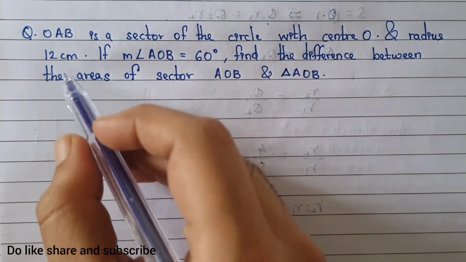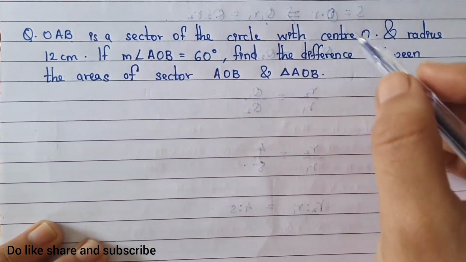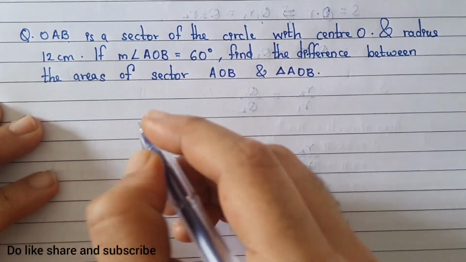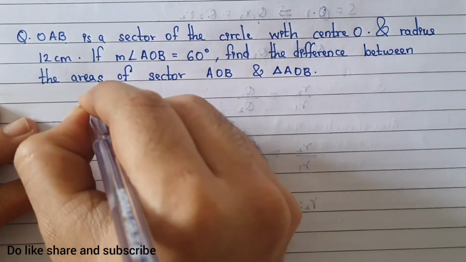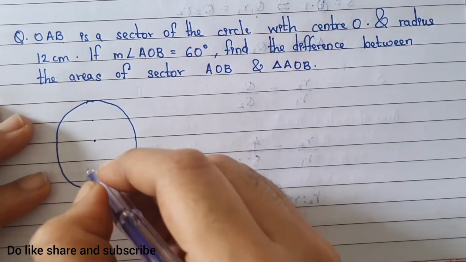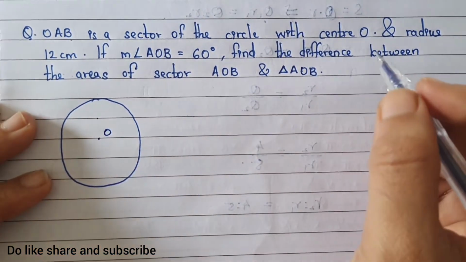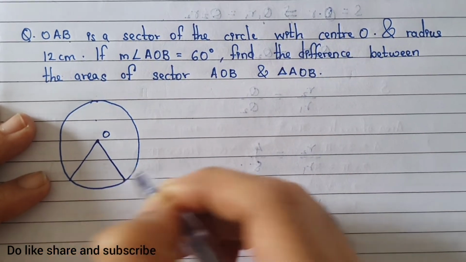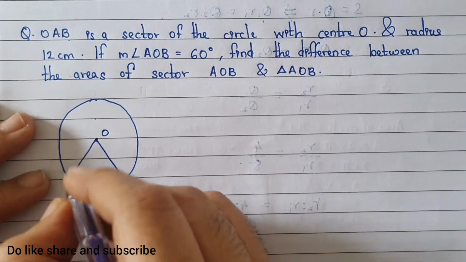So let's start with another question, that is: OAB is a sector of a circle with center O. Let me draw the figure simultaneously. So we have the center of a circle, namely O. Assume this as a circle. So here this is the center O and we have a sector OAB.